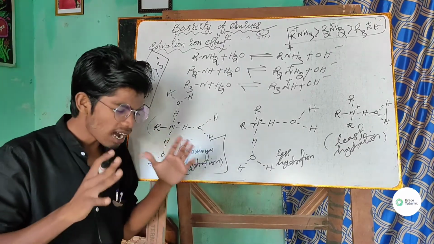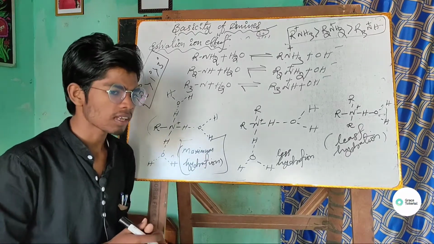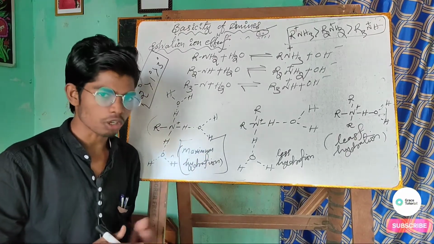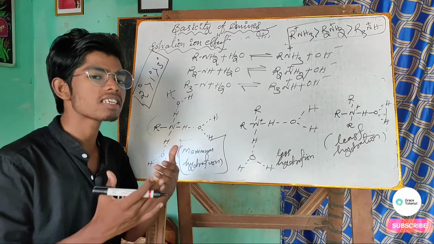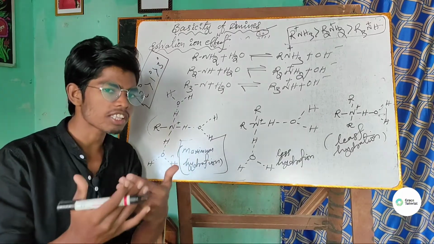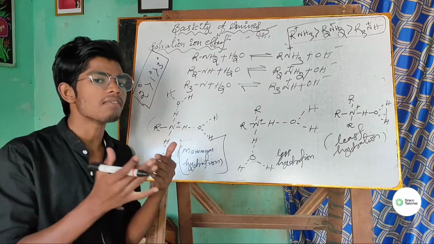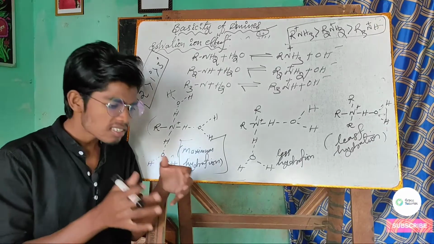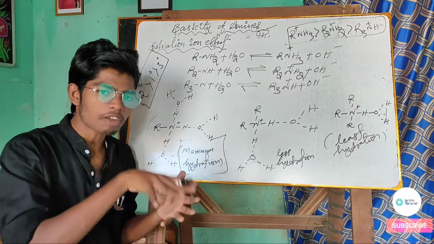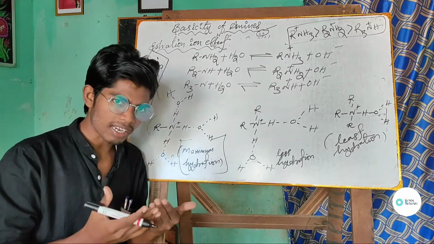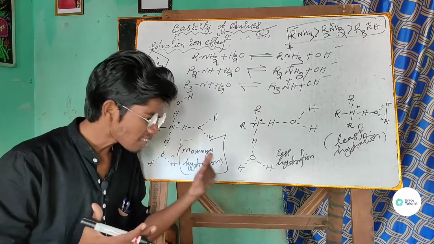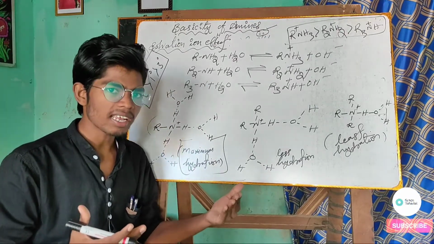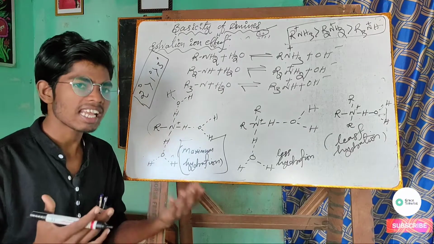That means what we all have discussed here, amines show basic nature. Of course, no doubt, due to the presence of the lone pair of electrons over the nitrogen atom, and that will be available for the proton attack. Since the lone pair of electrons in the nitrogen atom is available for protonation, that's the reason why it acts as a base in nature.